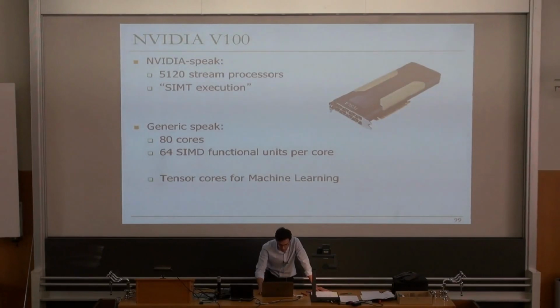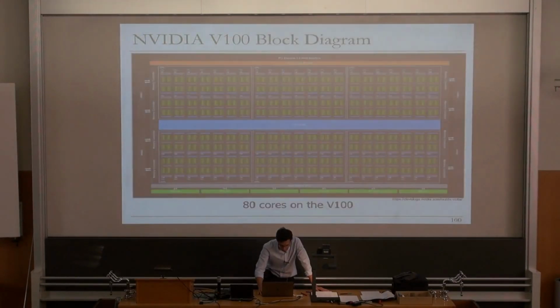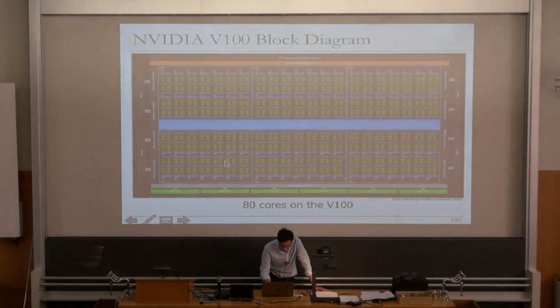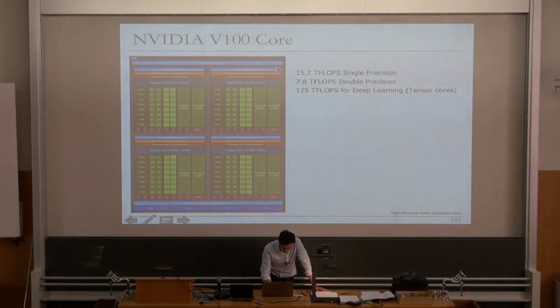And this is the V100. Here you can see the entire block diagram. It's interesting because now in each of these SMs, what we have called SIMD pipelines, you can see the different functional units. For example, these are floating point 64, for double precision operations.